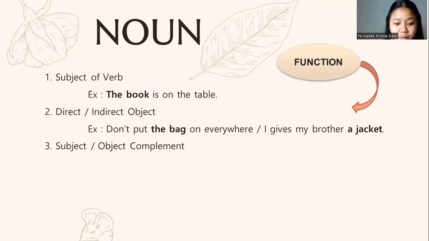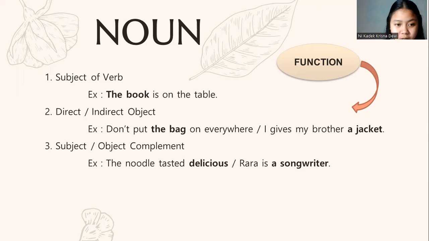The subject complement is placed after the linking verb, or the verb that connects the subject with the complement itself. The example for subject complement is, the noodle is delicious, and the example of object complement is, Rara is a songwriter.